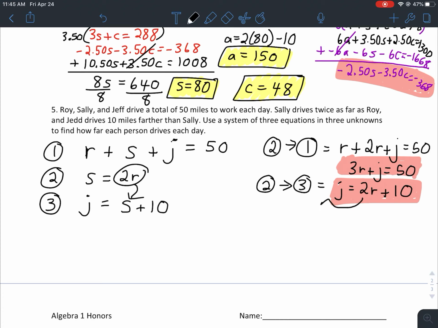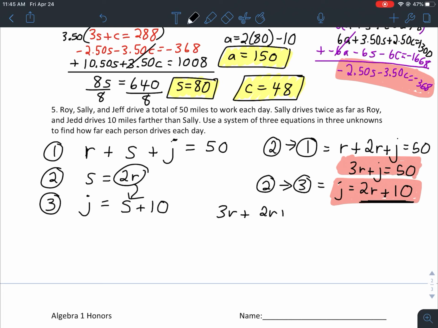What I was thinking originally was move this 2R to the other side, so it's negative 2R, and then you could just do elimination by multiplying one of them by negative 1 to eliminate the J's. But substitution is actually easier in this case. So I'm going to take what J equals and plug it in for J. No distributing required.